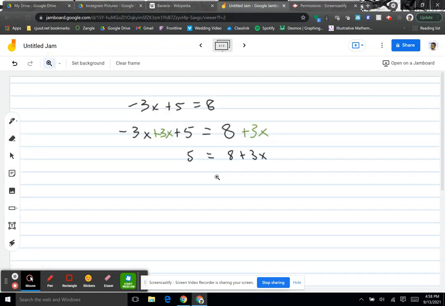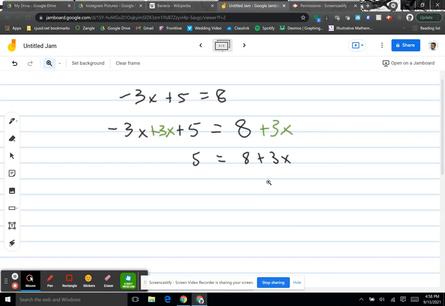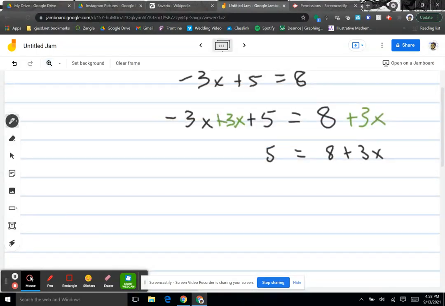And now I can write what we have. 5 still on the left side, but what we did is we added -8 over here. That was the red circle and the 3 red triangles. Same thing on this side.